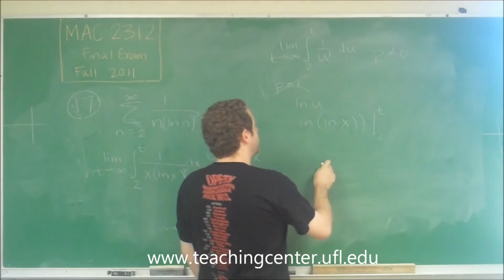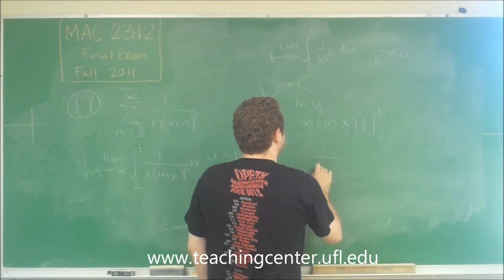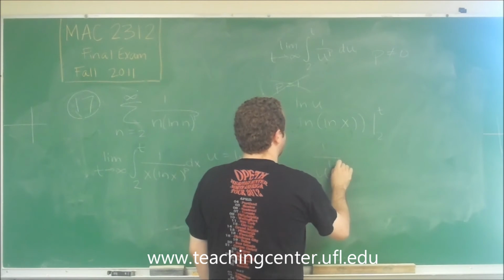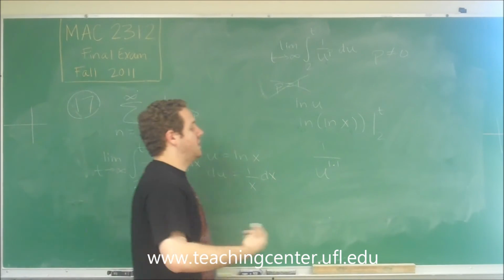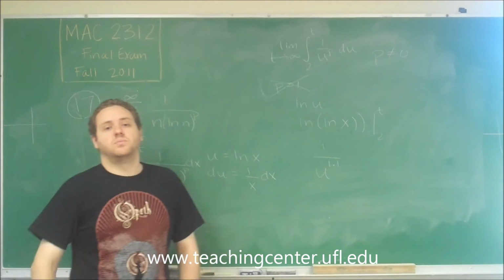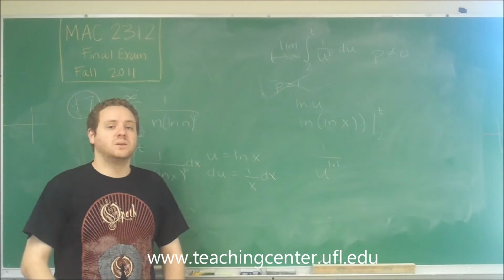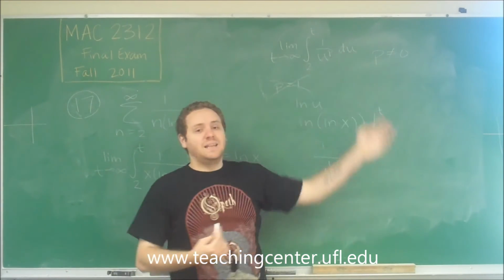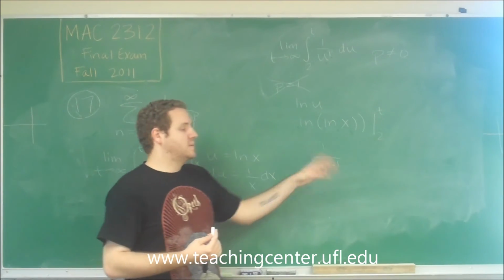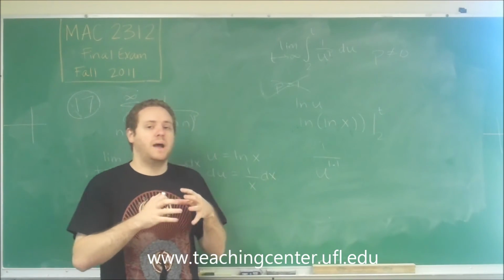So you can see that even if this was 1 over u to the 1.1 power, what would you do? This is like u to the negative 1.1. You would add 1, we'd still have some negative power left. So as long as this p is anything greater than 1, when you add 1 to the power, you still have some negative power left.